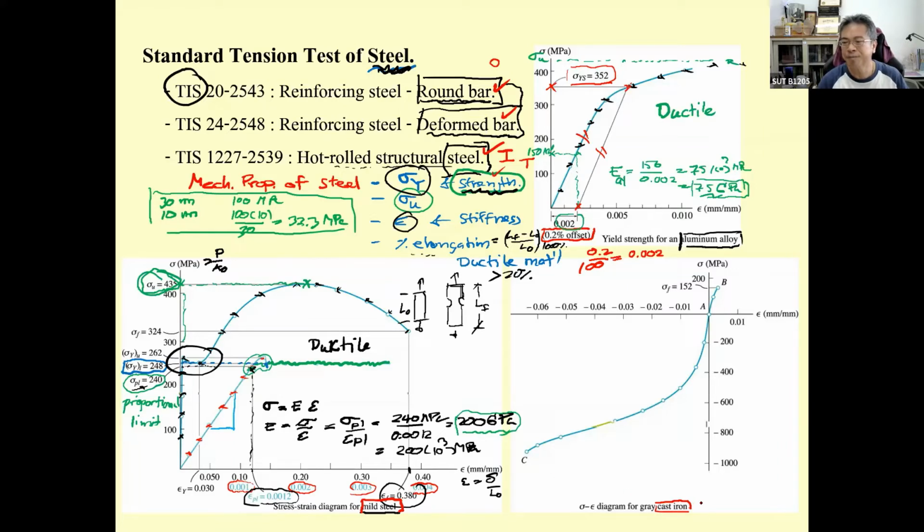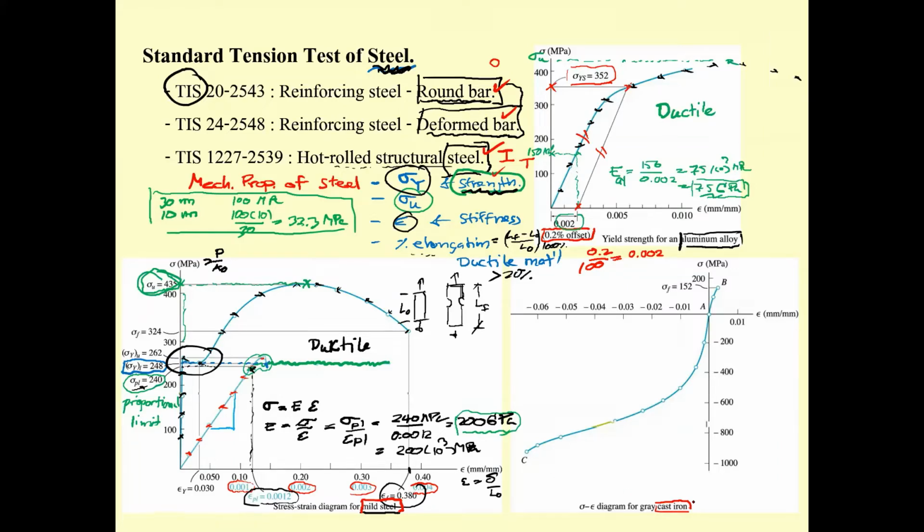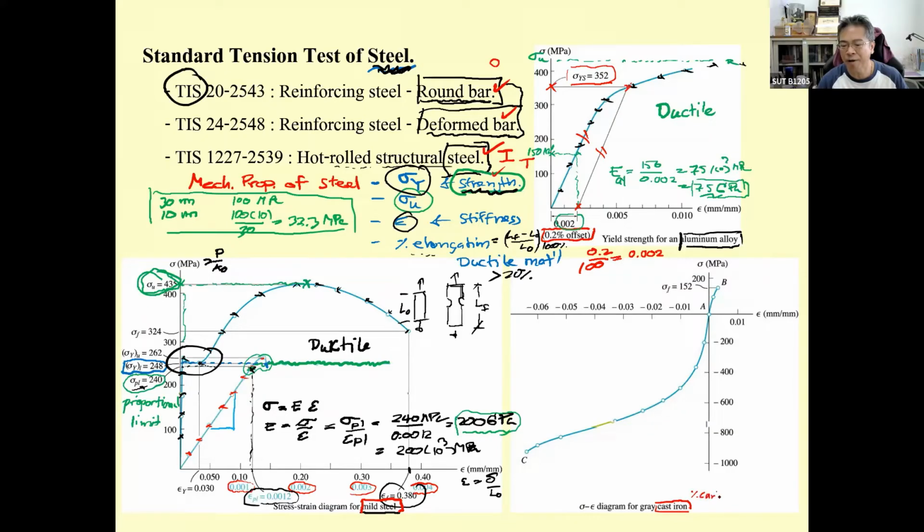And also, some companies put a high percentage of carbon into the steel to make the surface of the material harder, or to harden the surface of the material, because in some applications, such as the railway, the surface of the material is important.